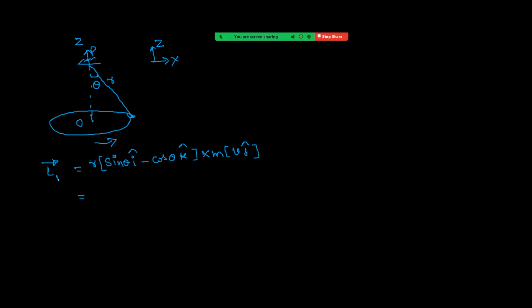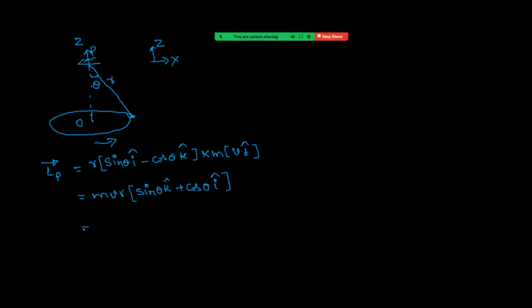This is about the point P. So you can take M, V, R outside. Remaining is i cap cross j cap, that is k cap, times sine theta, and then k cap cross j cap is minus i cap, and minus of minus gives plus cos theta i cap.